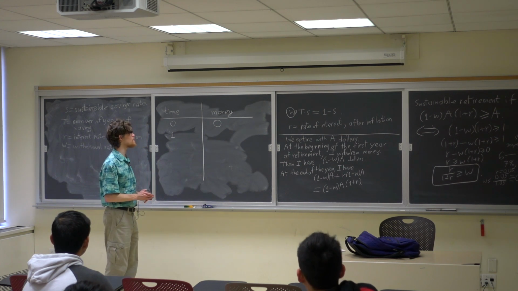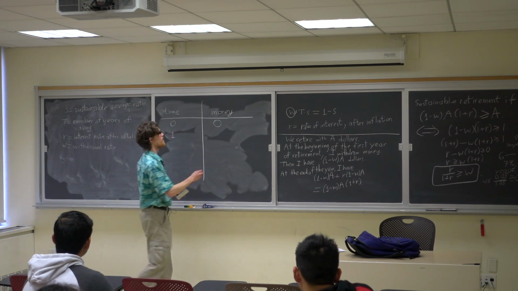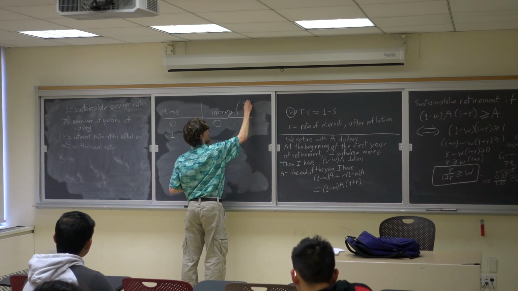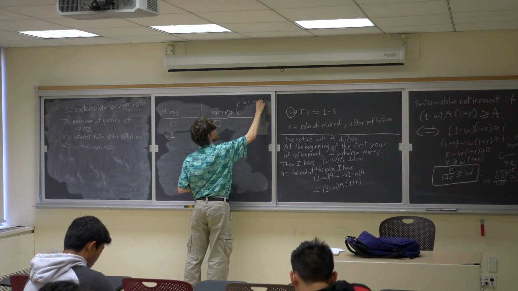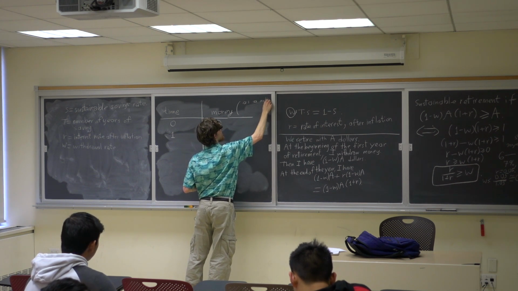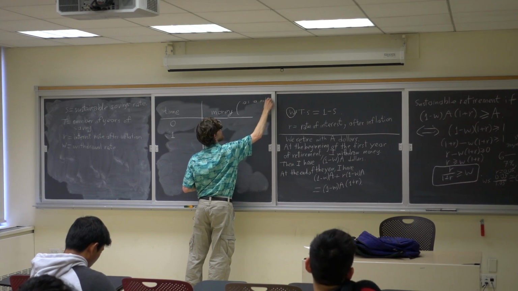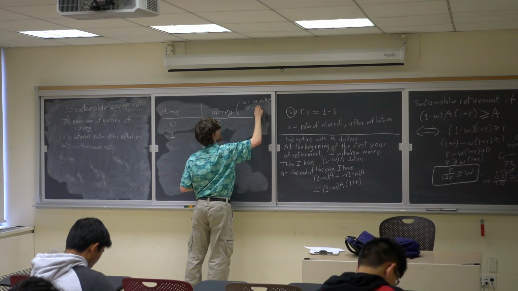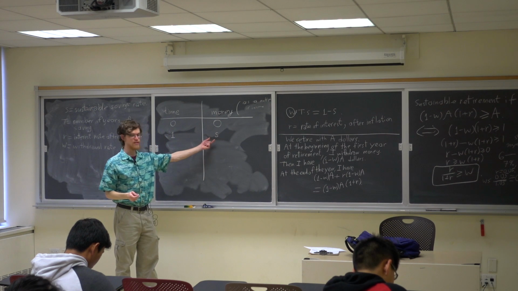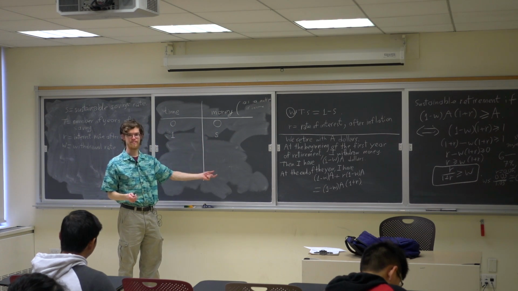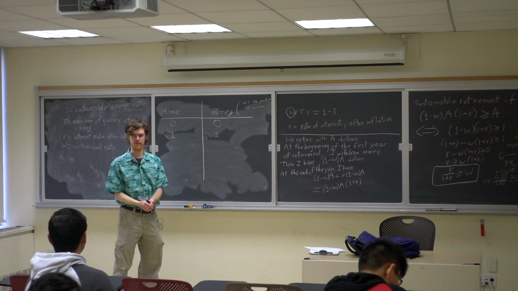So instead of dealing with money, I'll deal with money as a multiple of income. So I've saved my savings rate, S, as a multiple of income. That's what I've saved after 1 year.